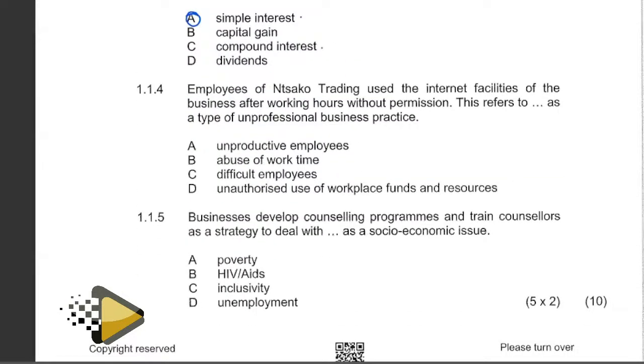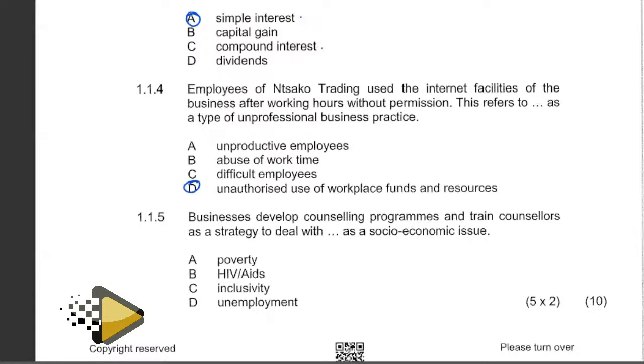Since the employees of this particular business are utilizing the company resources after working hours without being granted consent to do so, the appropriate answer is going to be D, unauthorized use of work funds and resources. So this is going to be our appropriate answer.